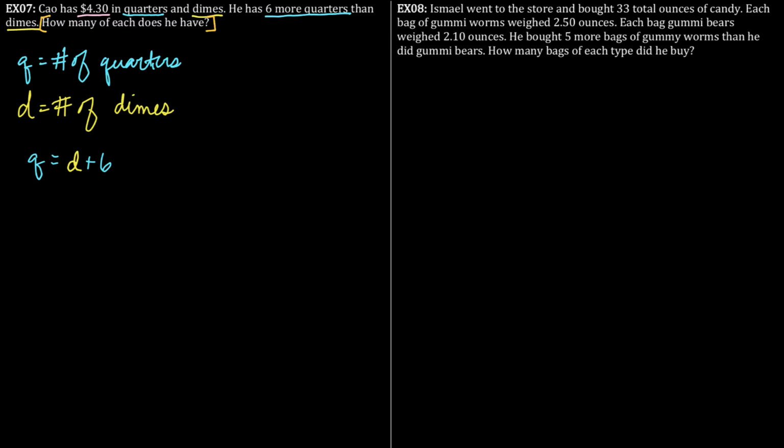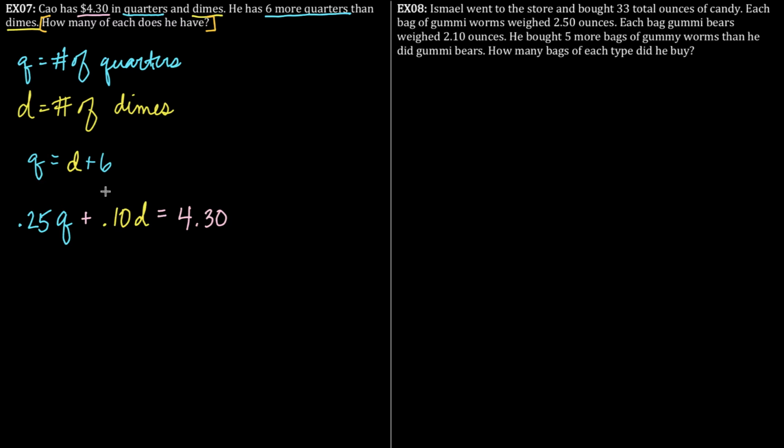Okay, and we know that the number of quarters times 25 cents plus the number of dimes times 10 cents would give me a total of $4.30.